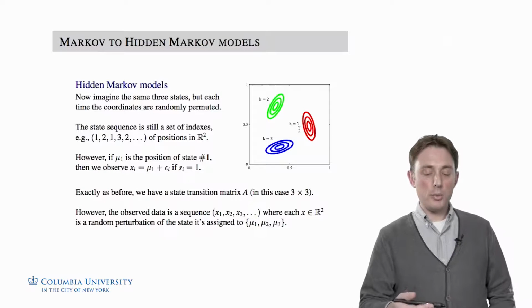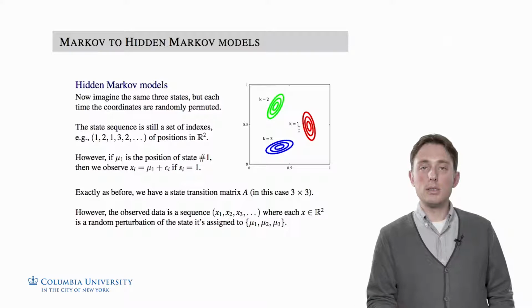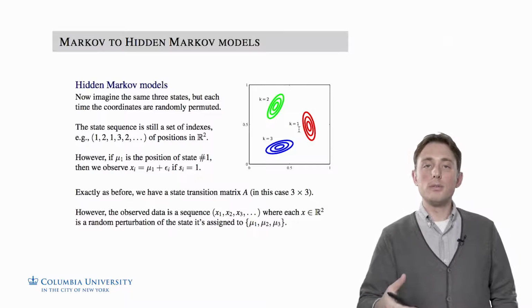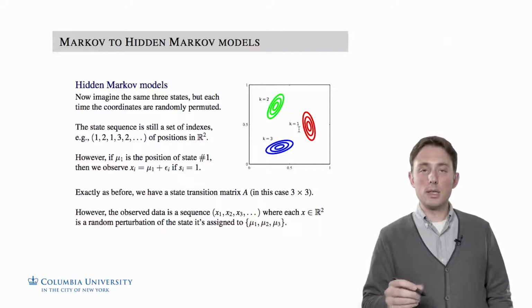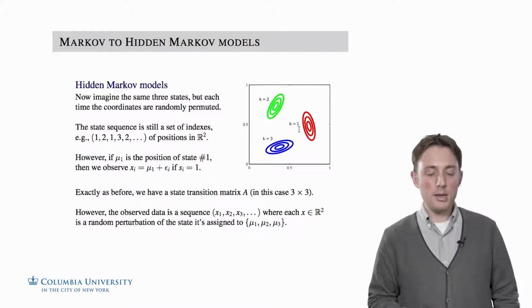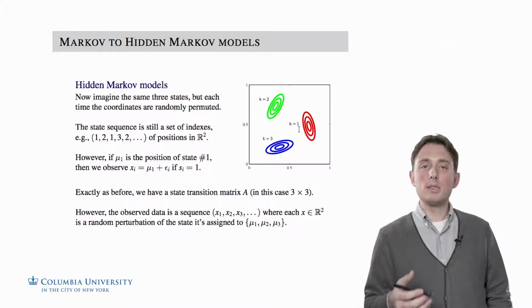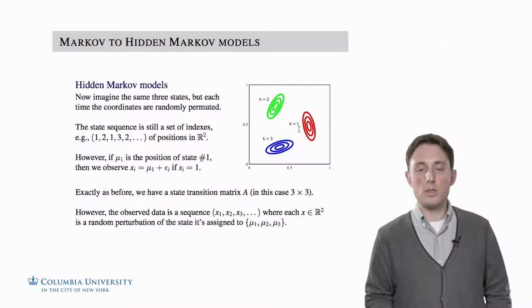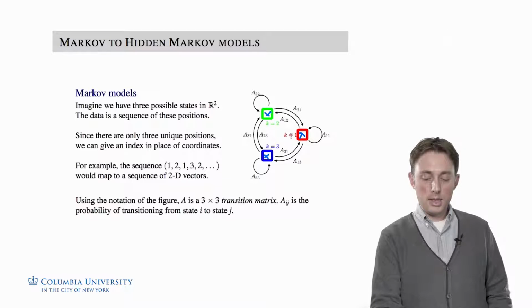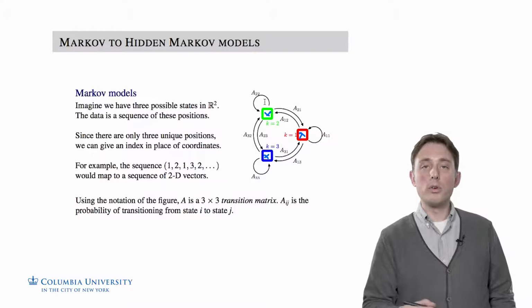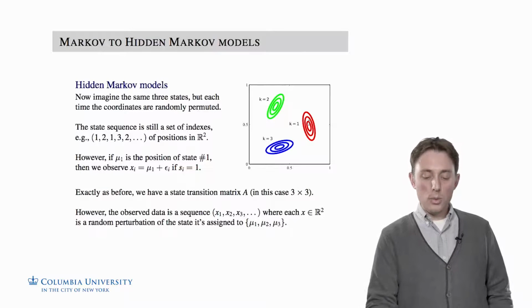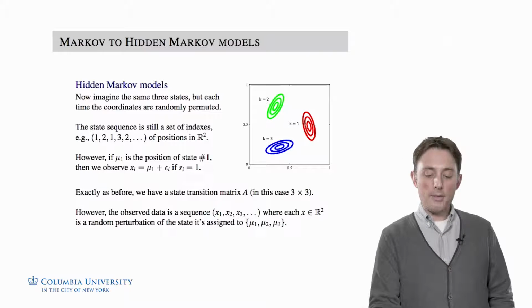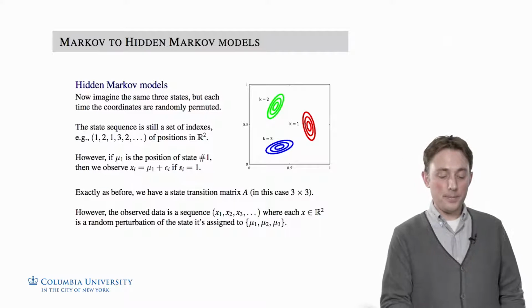But now each time we arrive at one of the three states, we don't get to observe the exact location of the state. It's not a deterministic, discrete thing we get to see. We get to see the location of the state with some random perturbation. So instead of seeing these three two-dimensional vectors over and over again, we get to see that vector plus some noise.